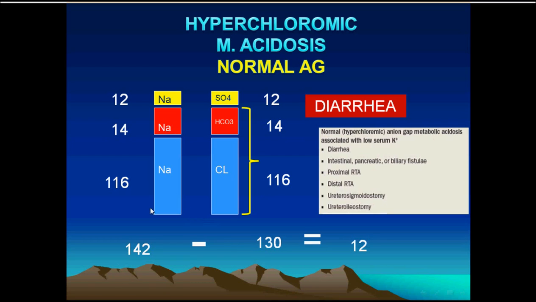No change in the sodium, so 142 minus 130 gives you 12. A normal anion gap is 12, but this is metabolic acidosis. So diarrhea is associated with loss of bicarbonate, which is metabolic acidosis, but with a concomitant increase in chloride and no change in the anion gap.